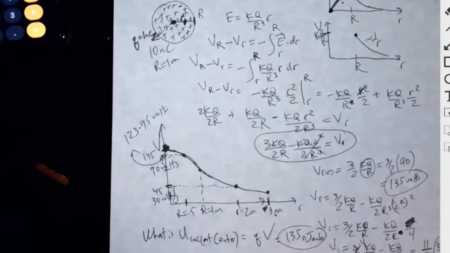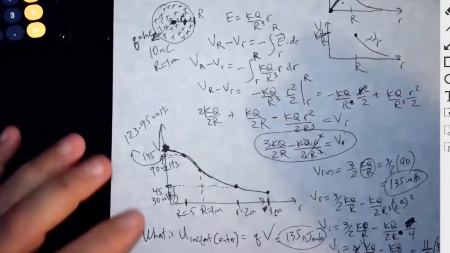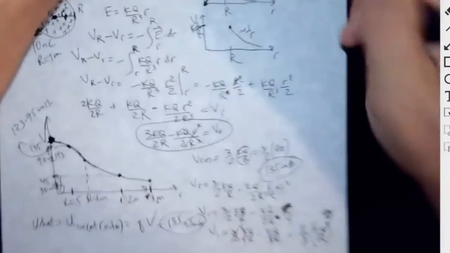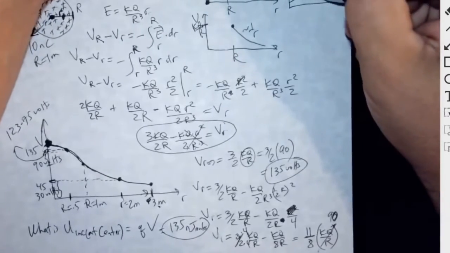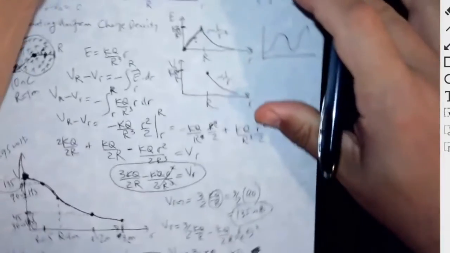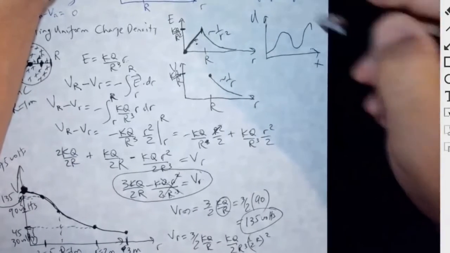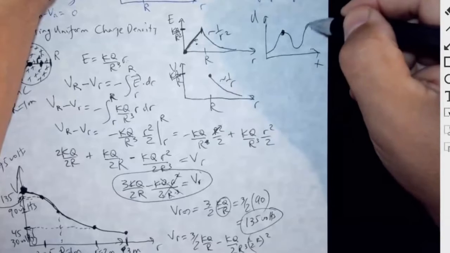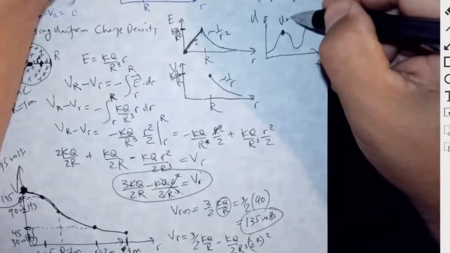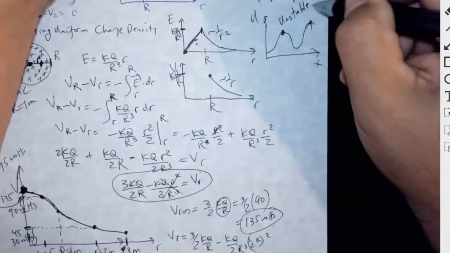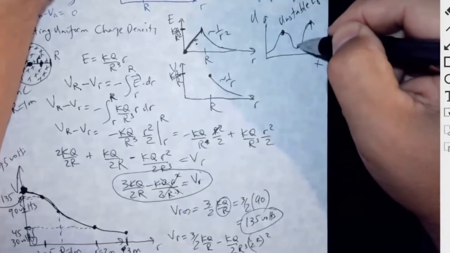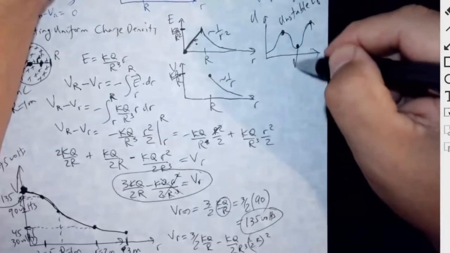Remember the graphs that we made about potential energy in Physics 1? If we graph potential energy versus x, local maximums give unstable equilibrium and local minimums give stable equilibrium.